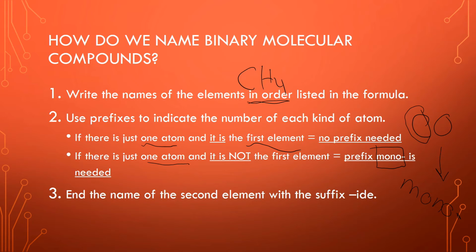And mono means one. We also end the name, like in ionic naming, we end the name of the second element with the suffix IDE. So we change the ending to IDE again. So similar rules, just with non-metals usually, and with prefixes this time.